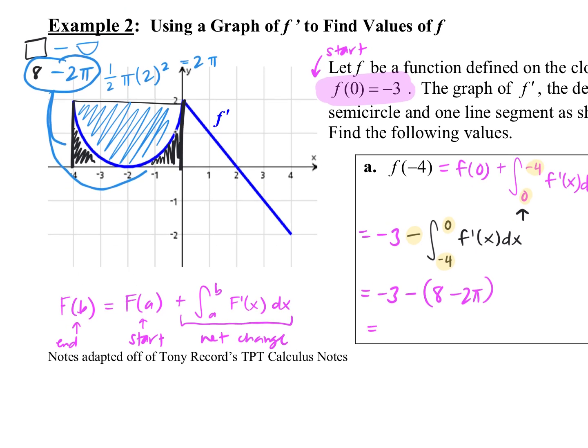Which simplifies to negative 11 plus 2 pi. So that is our f of negative 4 value. It is equal to negative 11 plus 2 pi, or if you plug that in the calculator, approximately negative 4.717.